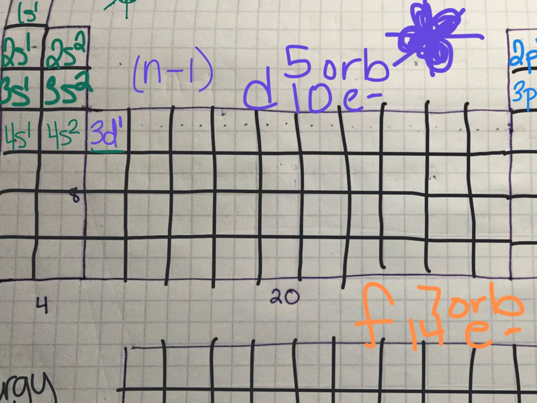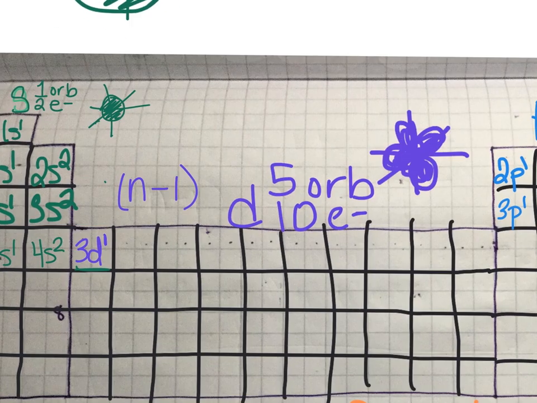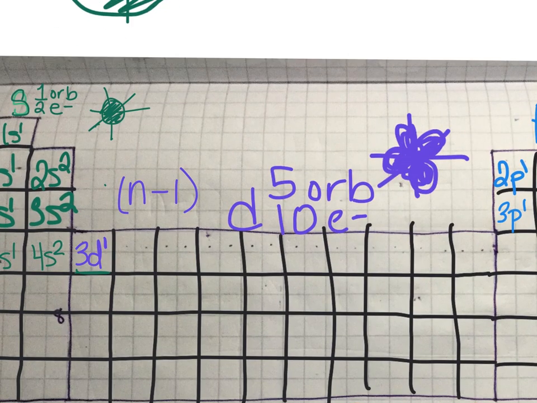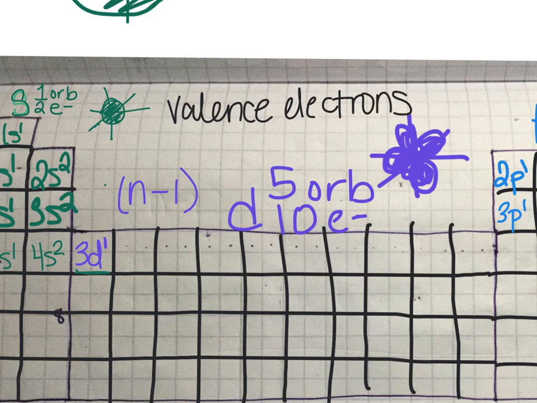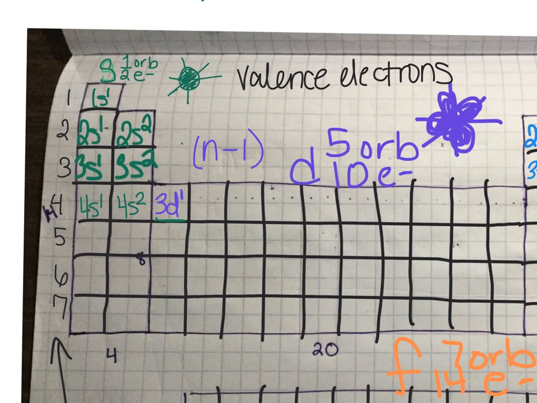Okay? I'm going to have you guys write something at the top of your periodic table right here. Write valence electrons, so you're ready to go. And then take a second, and I want you to look at where we are on our periodic table. 4s1, 4s2, 3d1. How many valence electrons do I have? 2. Why?